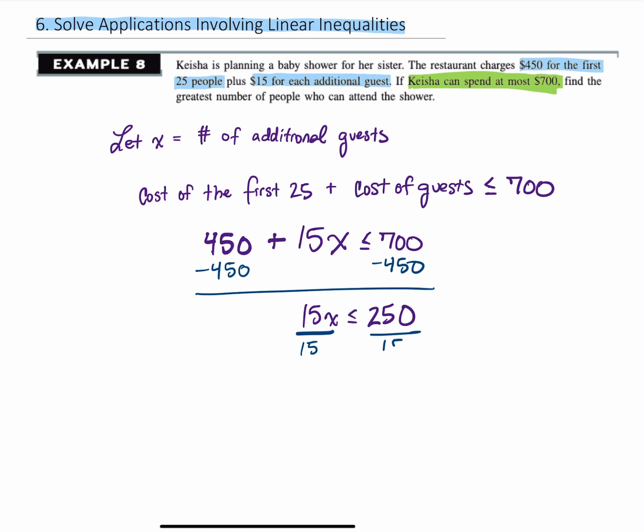I'm dividing by a positive, so I won't have to flip the inequality. So I'll be left with x is less than or equal to, and if you do this in a calculator, 250 divided by 15, I get 16.6 repeating.